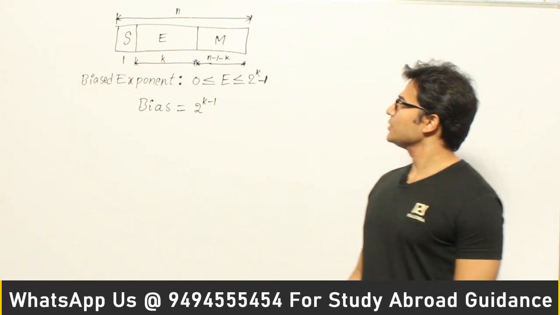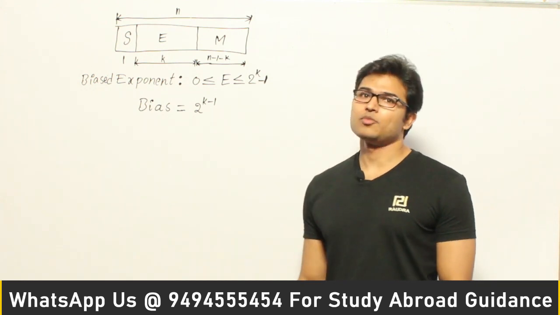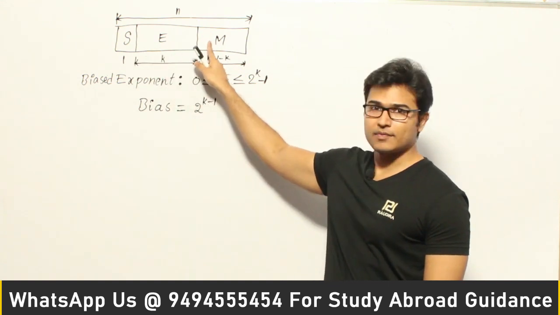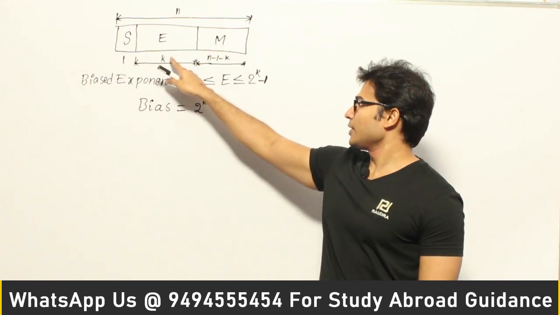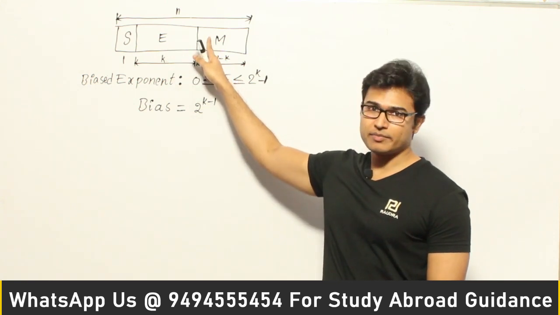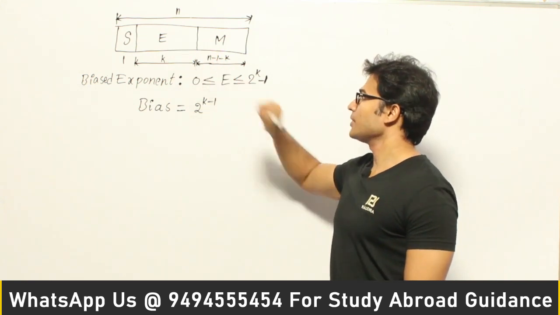If you assume that n bits are given for the representation of the floating point number, which means n bits are given for sign, exponent and mantissa, then if you assume k bits are given for exponent, then the number of bits that the mantissa will get is n minus 1 minus k.